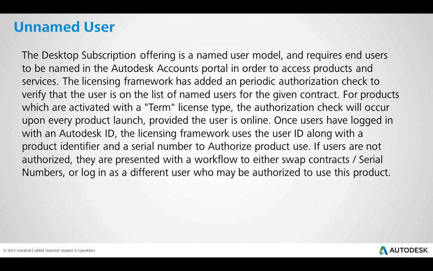If users are not authorized, they are presented with a workflow to either swap contracts, serial numbers, or log in as a different user who may be authorized to use this product. And what this is referring to is maybe you do have a valid username, but it's associated with a different contract.